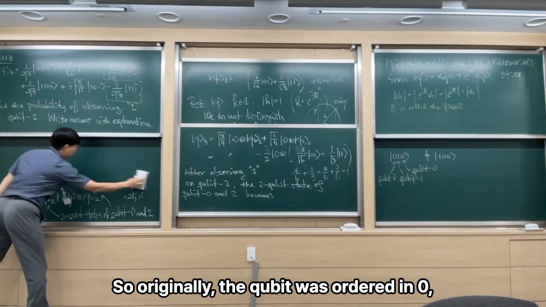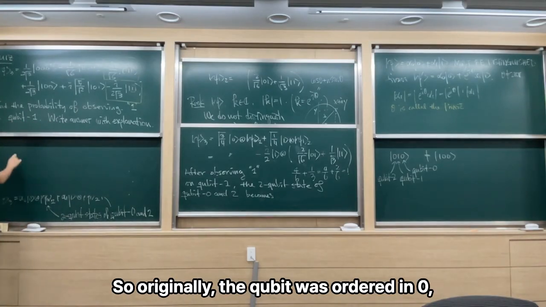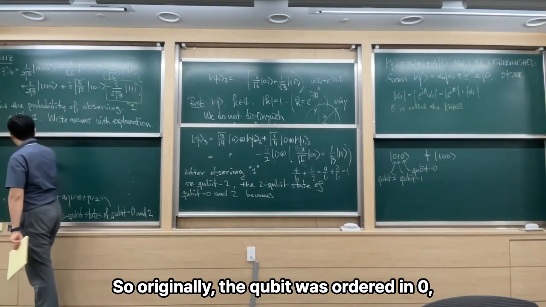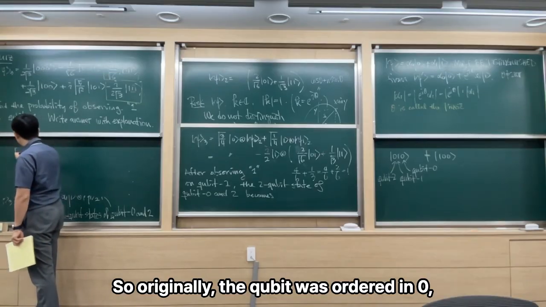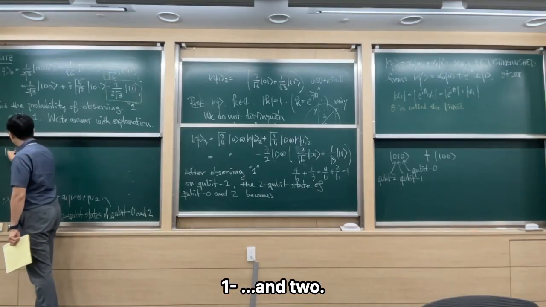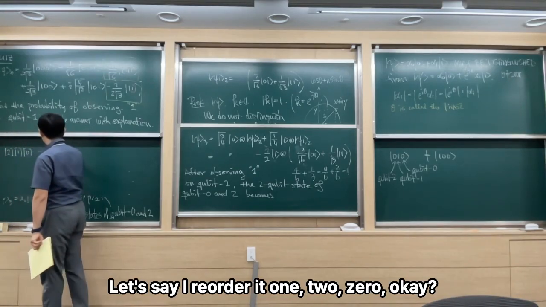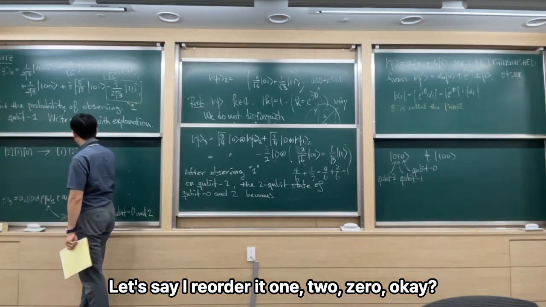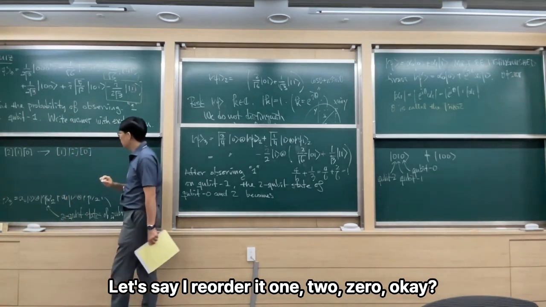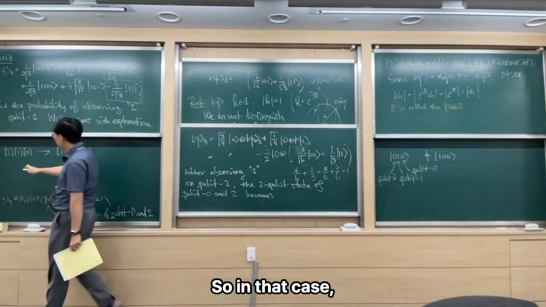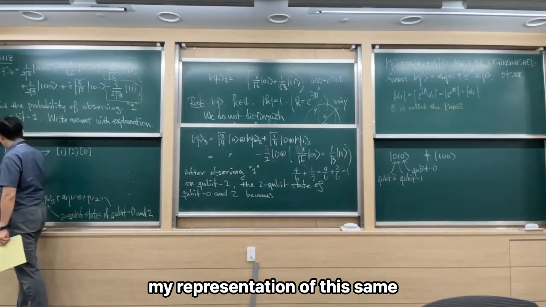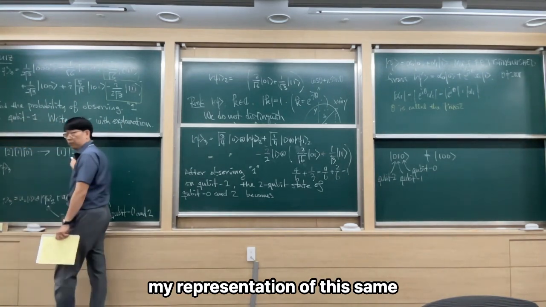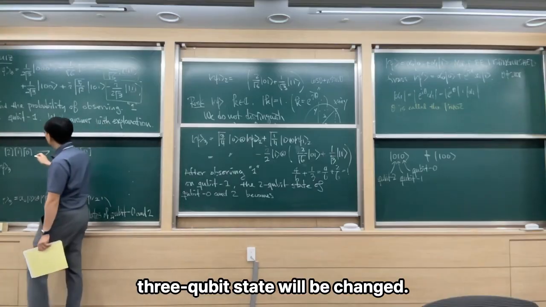Originally, the qubits were ordered 0, 1, and 2. Let's say I reorder them 1, 2, 0. In that case, my representation of this same 3-qubit state will change.